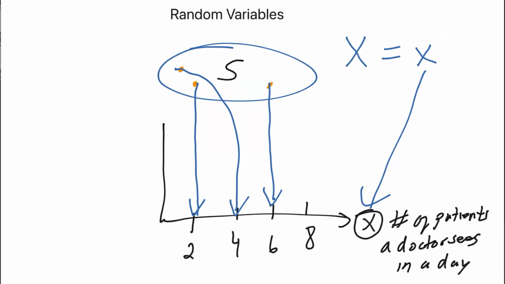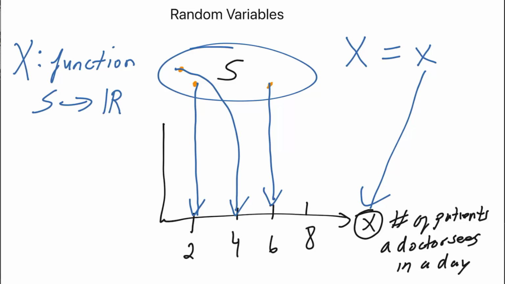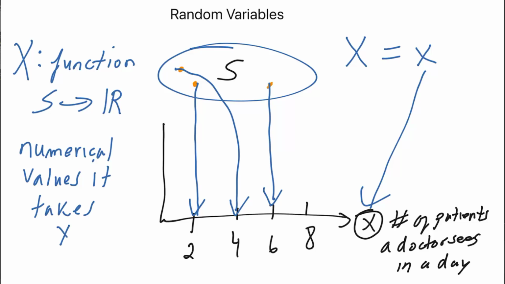The final thing I want to mention is a little bit more notation. The big X is just a function from S to the real line, or to the reals, and the numerical values it takes are the small x, which belongs to the reals as well.